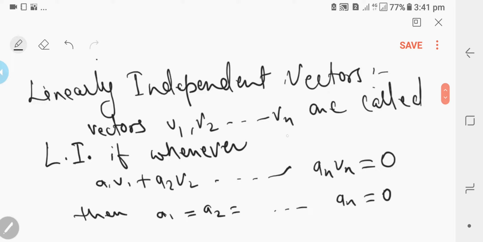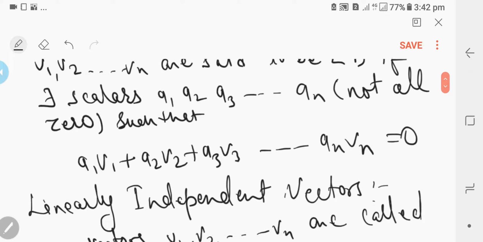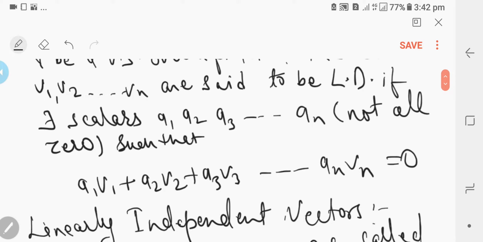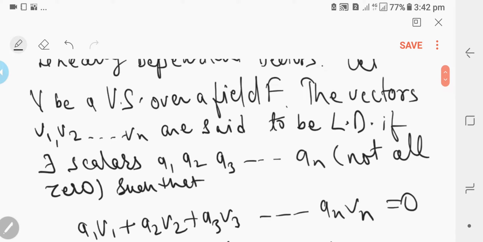If this set of vectors is linearly independent, then in the linear combination of them, all the scalar quantities are 0, and we say that these vectors are linearly independent. In linearly dependent vectors, the scalars are not all 0.